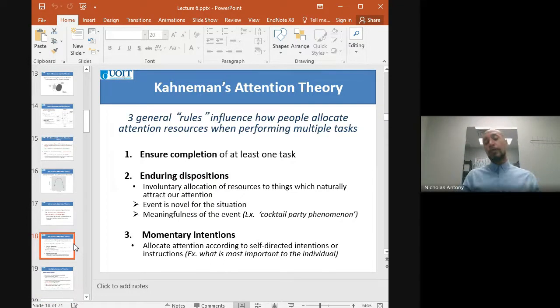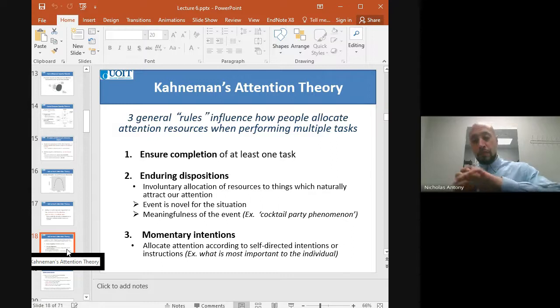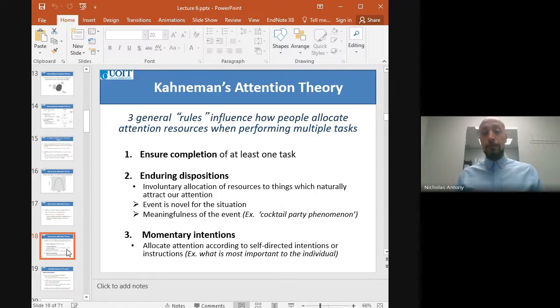Perfect. So the other thing that Kahneman's attention theory brought up is that there tends to be a hierarchy of three general rules of the things that naturally draw our attention. When we're multitasking, we tend to divide up our attention to ensure that we're at least completing one task. So there's usually something you're focusing on the most. The next thing is that we tend to divert our attention to things that are novel for the situation or that draw our attention.